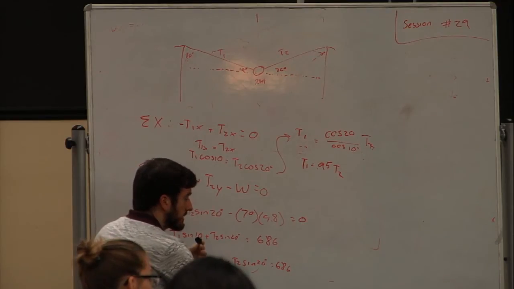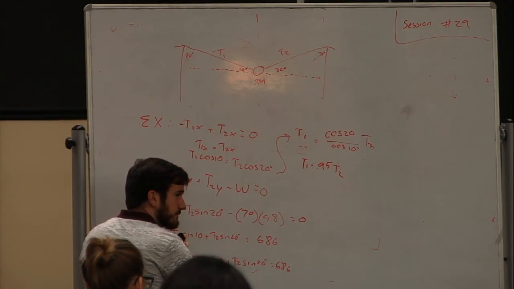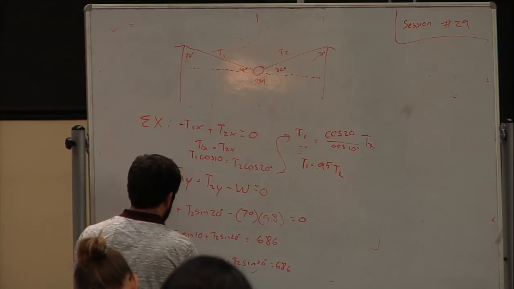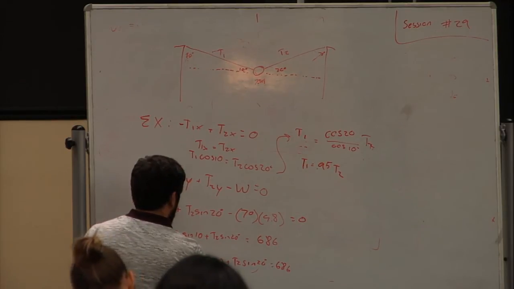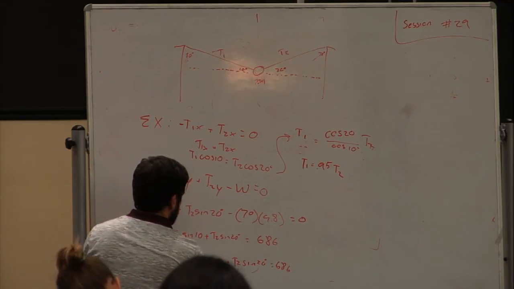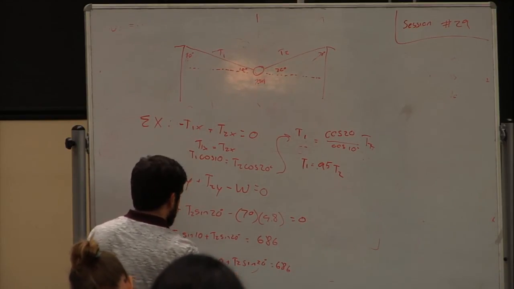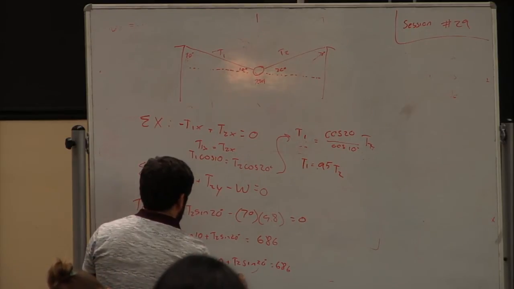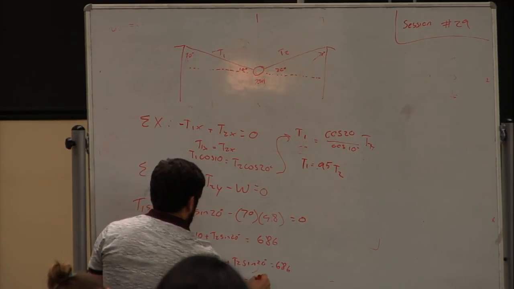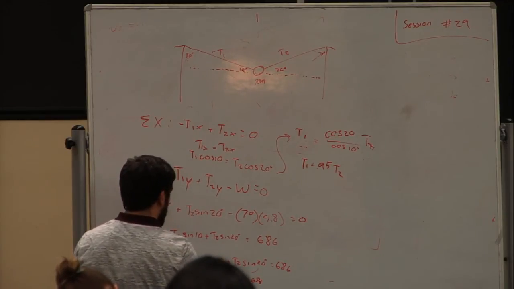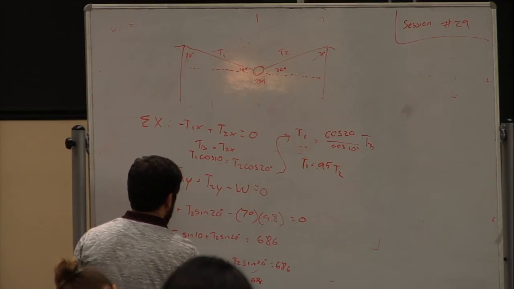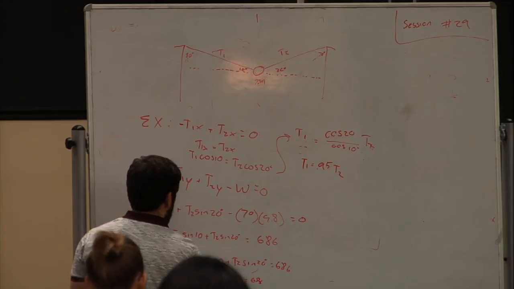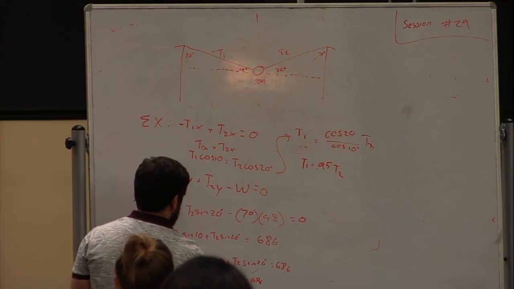And if you multiply that by 0.95, and sine of 20 is what? If we add 0.34 and 0.165, we get almost 0.5, like 0.51, which is equal to 686, and this was all T2.